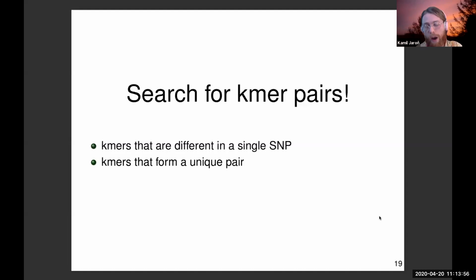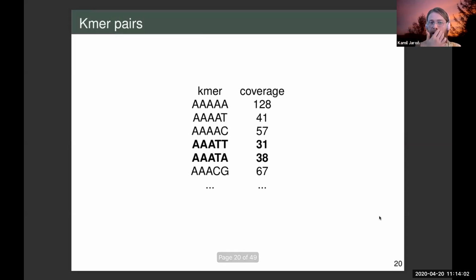And we have a second requirement that every single Kmer that we find must be in a unique pair. So if we take an example, now my K is 5, which is completely ridiculous for any type of analysis, but just for illustration of what I call a Kmer pair: the first 3, although they are 1 SNP away from each other, don't form a unique pair. There are 3 Kmers that are 1 SNP away from each other, so they would not be considered in the analysis.